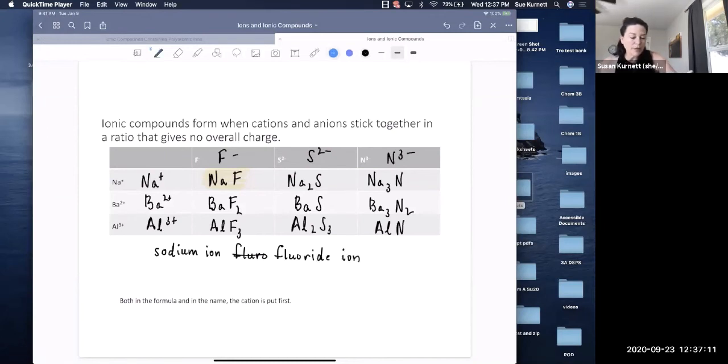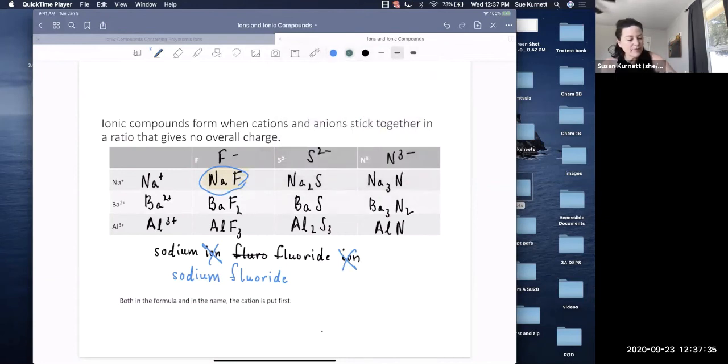We're going to drop both the ions and then stick them together. So the name for the first one is sodium fluoride. What happens if there's a subscript? And the answer is nothing changes.